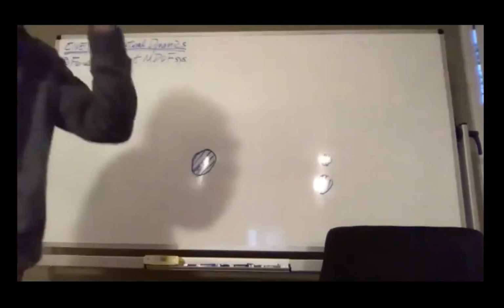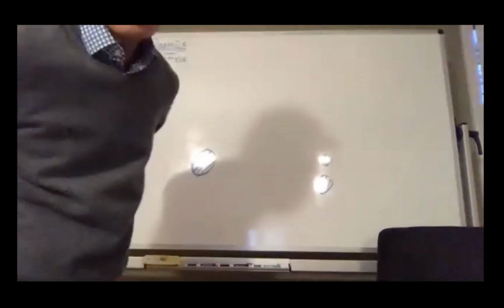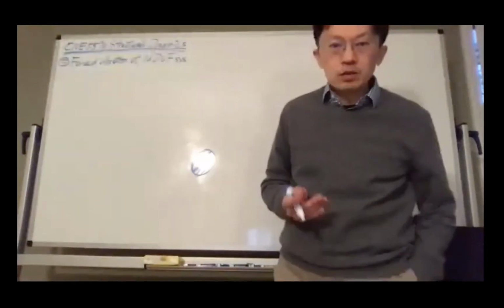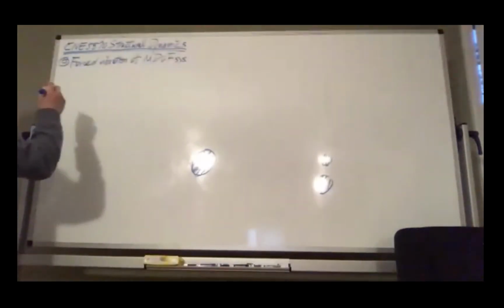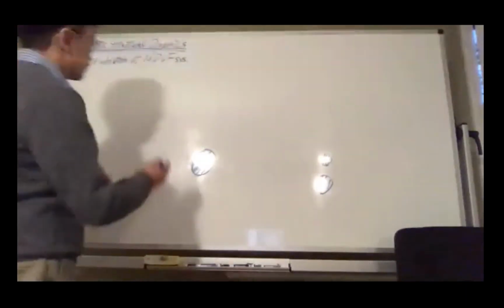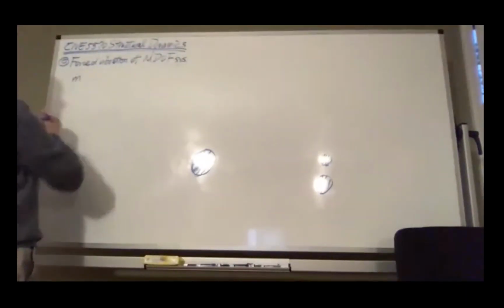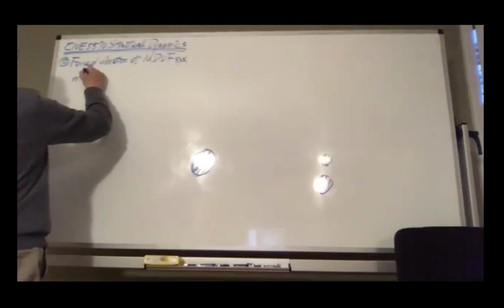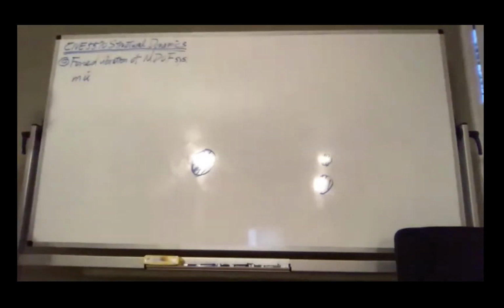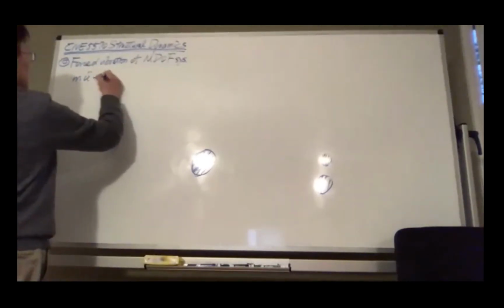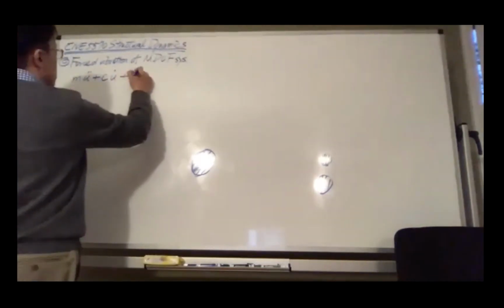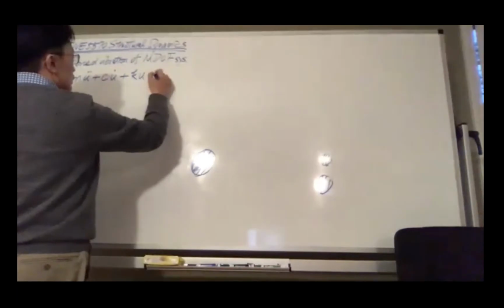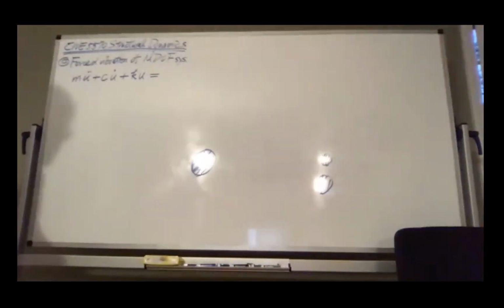Now, how do we solve the forced vibration of a multi-degree of freedom system? First of all, for a single degree of freedom system, you are dealing with a single mass and single acceleration denoted as u double dot, plus c, the damping coefficient, times u dot, the velocity, plus k, the stiffness coefficient, times u, the displacement.